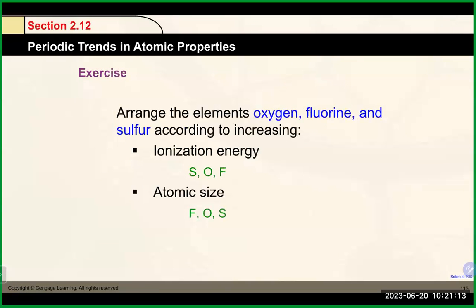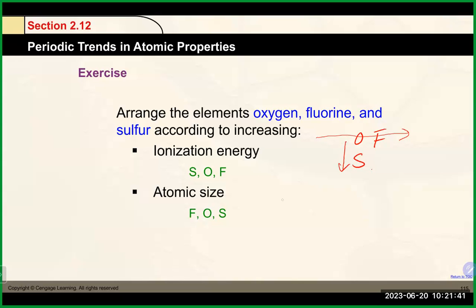All right. These elements have increasing ionization energy: oxygen, fluorine, and sulfur. Again, oxygen, fluorine, and sulfur are near each other on the periodic table. Looks like this on the periodic table. So in terms of ionization energy, it increases as we go this way. So fluorine should be larger than oxygen, and it decreases as you go down, which means sulfur should be less than oxygen because they're in the same group.